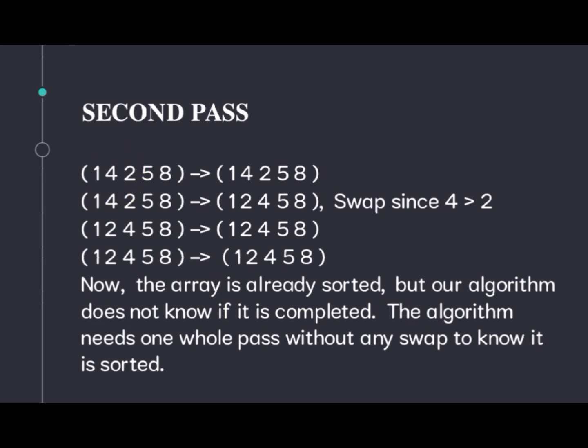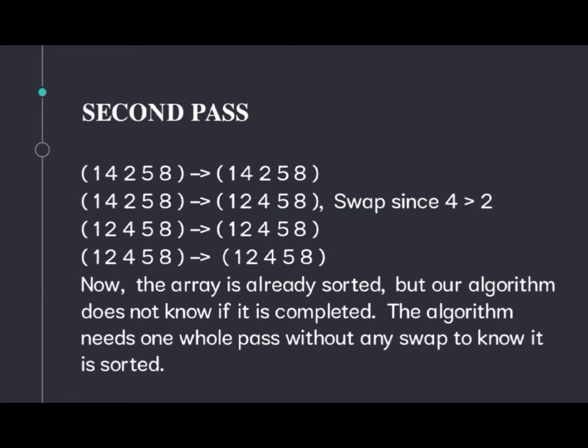Then, 1 is less than 4, so it will remain in its position, while 4 is greater than 2. Then, swap. The result will be 1, 2, 4, 5, and 8. Now, the array is already sorted, but our algorithm does not know if it is completed.